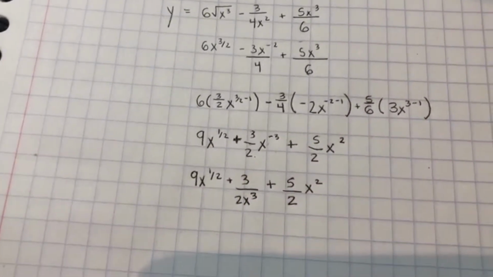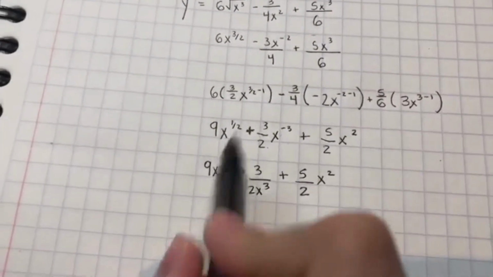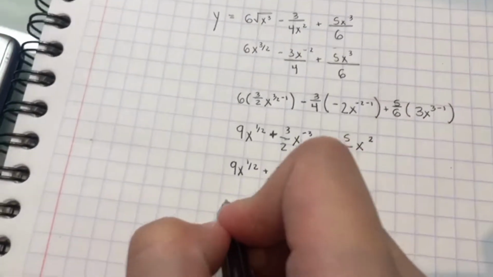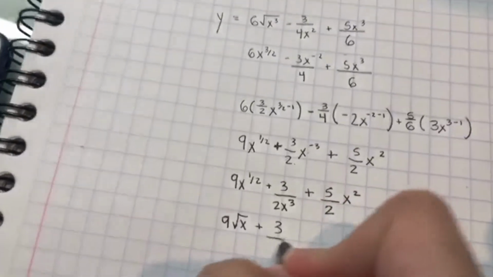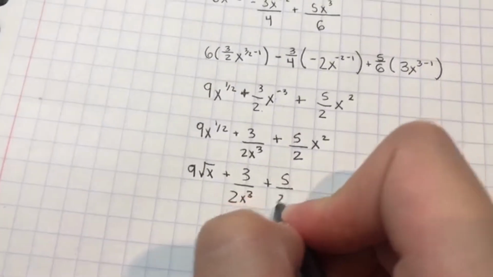Now we have to change this 1/2. How do we change it? By putting a square root, plus, and now we just write the answer.